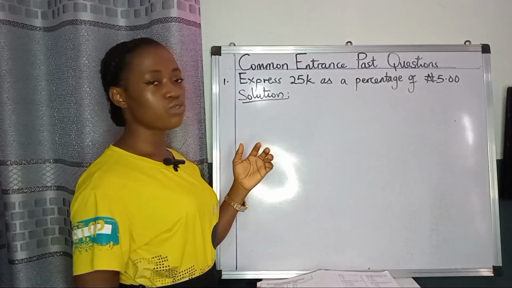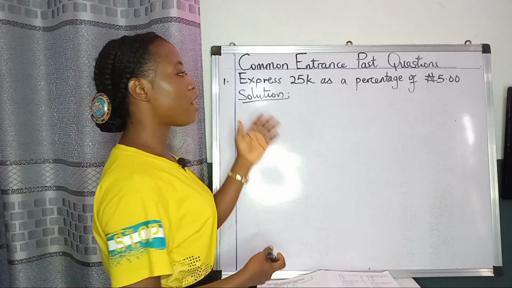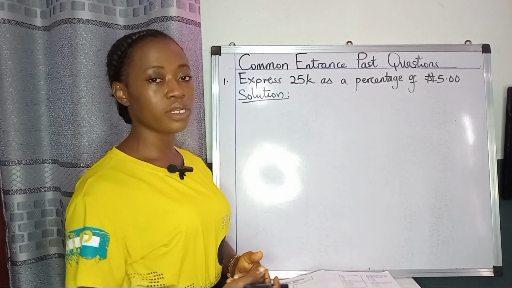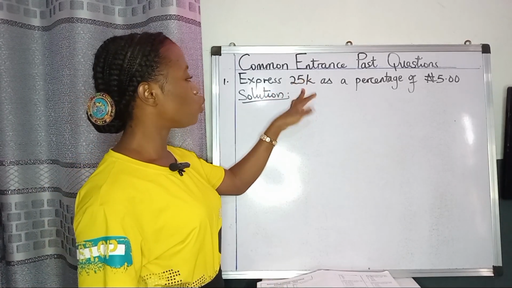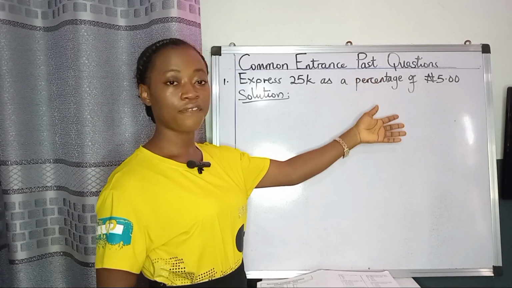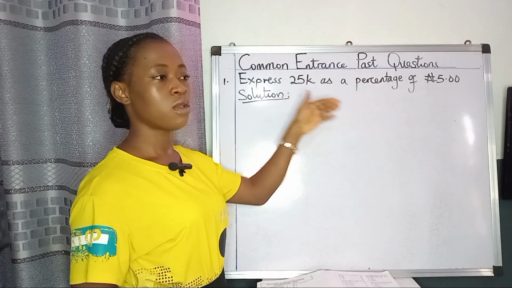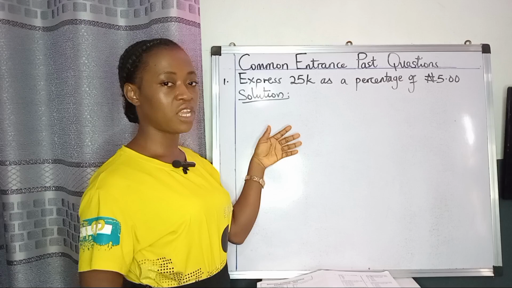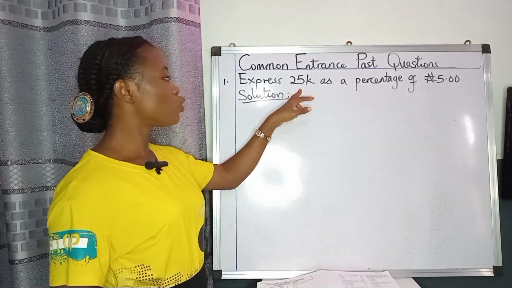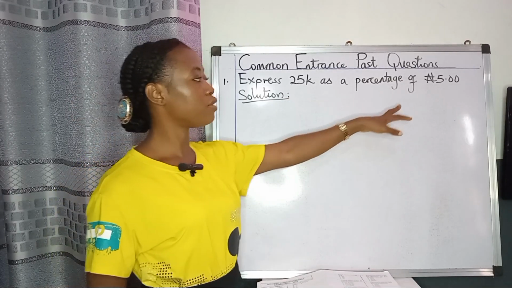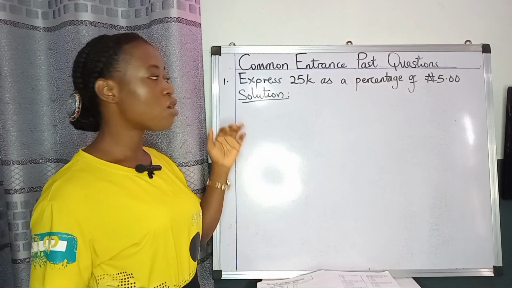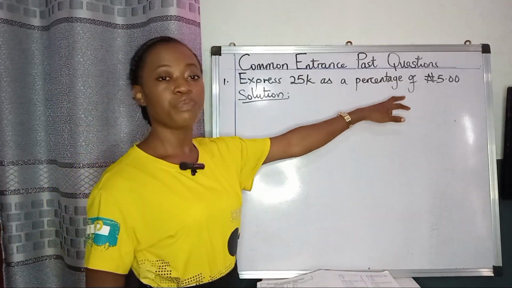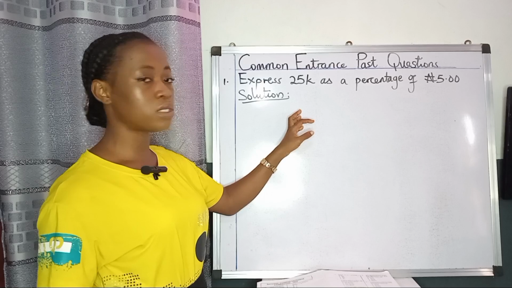The first thing to do is you ask yourself, are the values in the same unit? Now, looking at this, the values we have here are 25 kobo and 5 naira. So you are basically talking about money here. Now, this 25 is in kobo and 5 is in naira. Now, the first thing to do is to convert the bigger unit to the smaller unit.